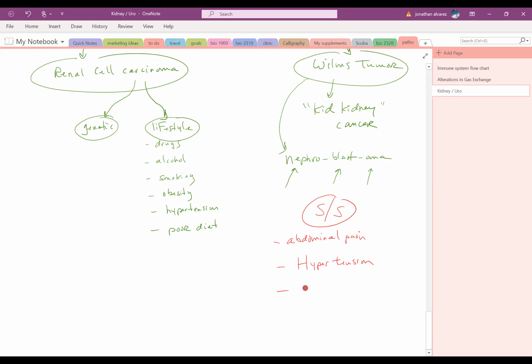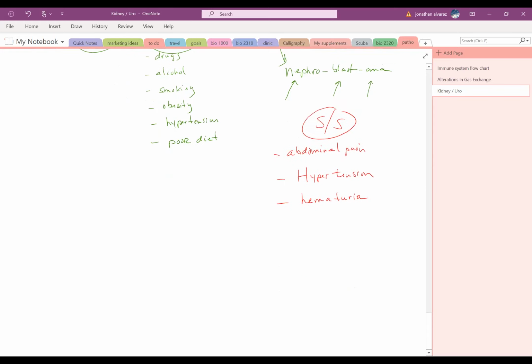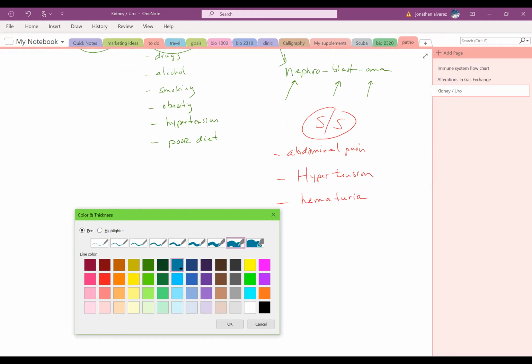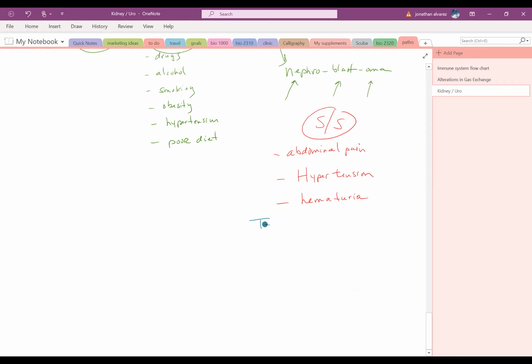You also might find hematuria, which is blood in the urine. Okay, and then treatment would be to remove the kidney, so a nephrectomy, and then chemo and radiation.